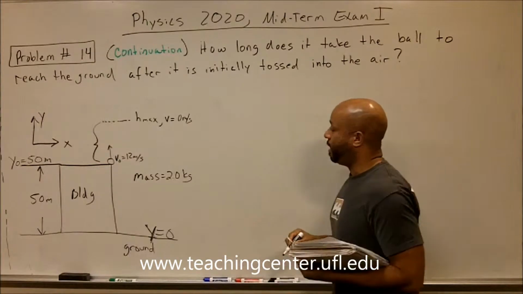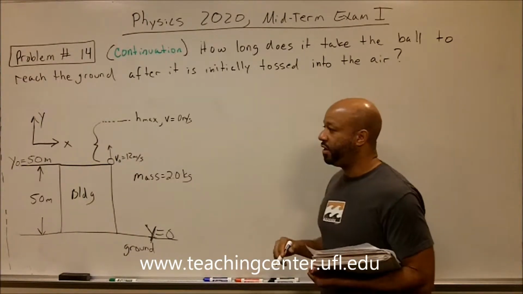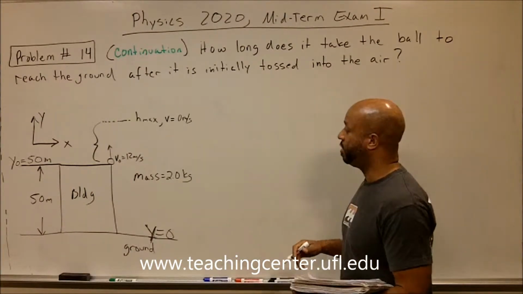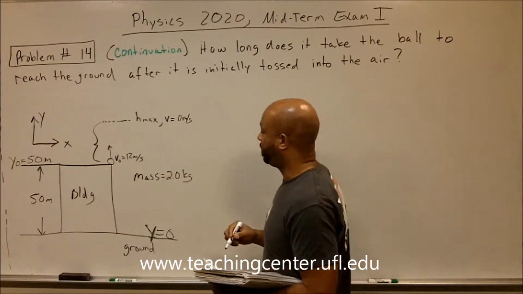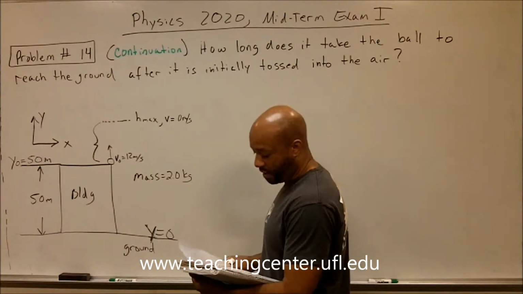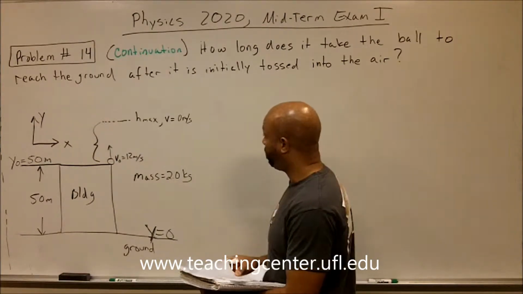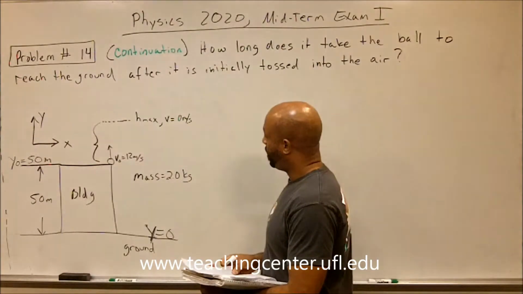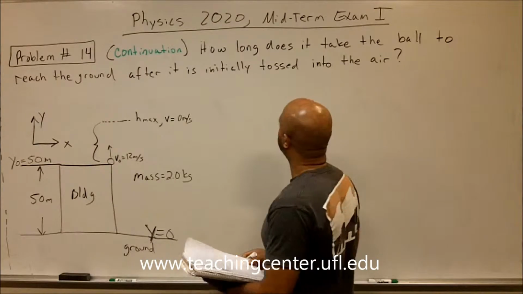And a couple of things we know is that gravity is acting on the ball, so it's going to have a negative value because it's going to be slowing it down. So that's the information that is given.